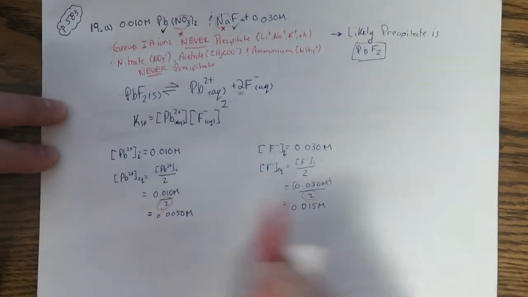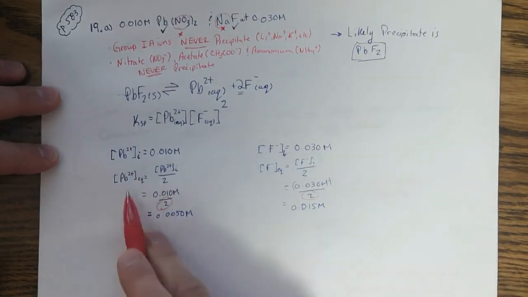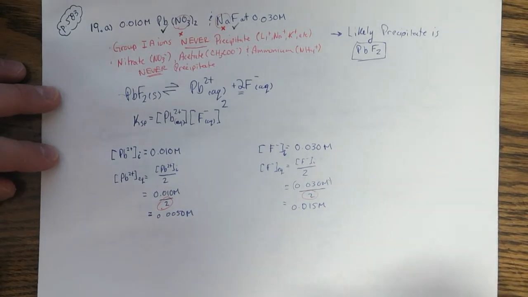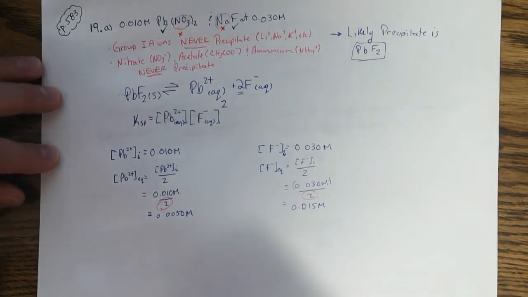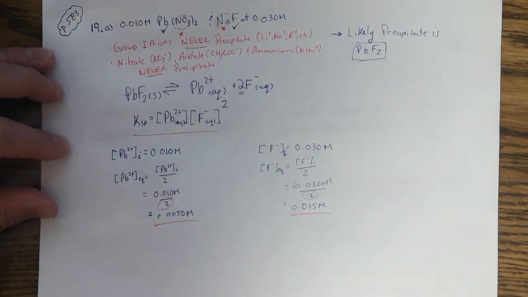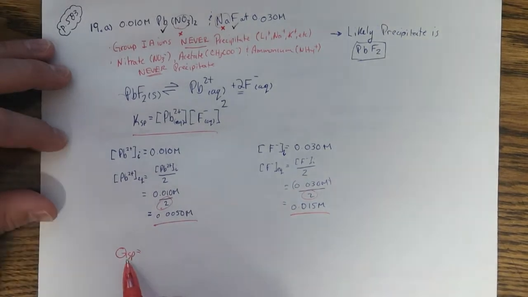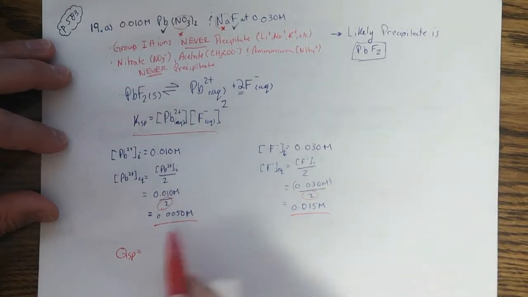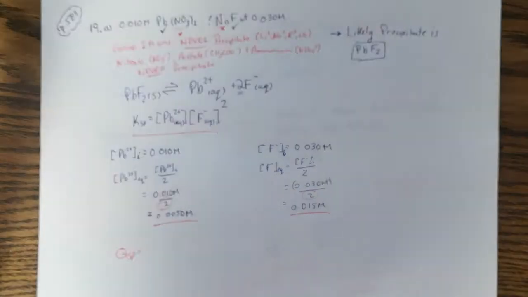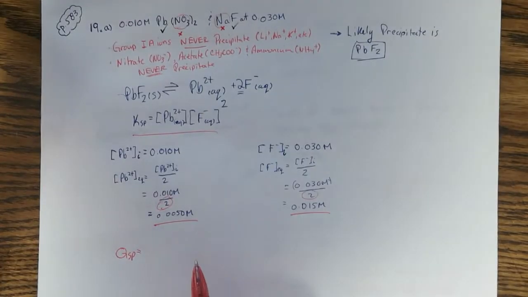Now that we know why we divided our initial concentrations by 2 to determine the concentrations of lead and fluoride ions in our equilibrium system, now that we've added equal volumes, now we can plug these values in to our equilibrium expression. So QSP is a theoretical value. When we plug these values in, it's kind of a measure of the relative concentrations of each of those relevant ions.